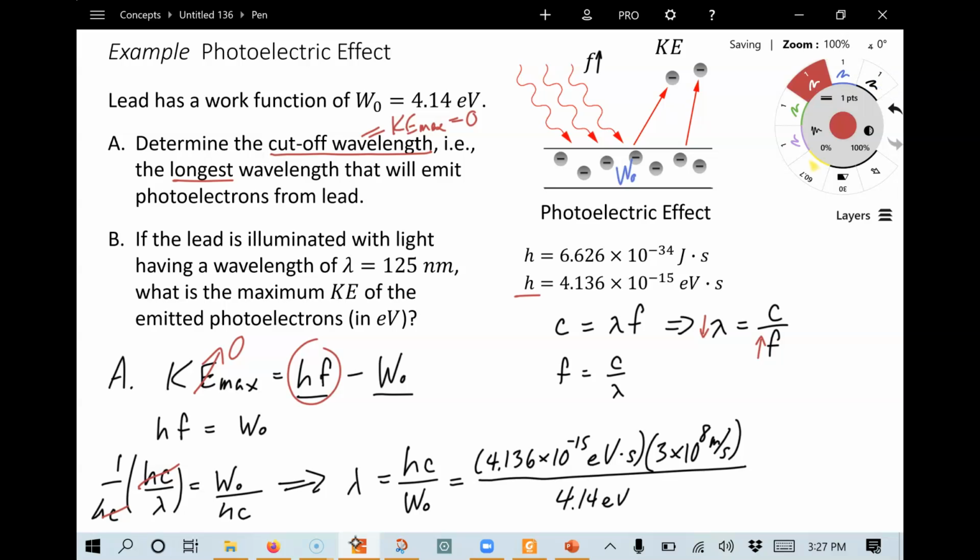We can cancel some things out here: the eV cancel, the seconds cancel. We're left with meters. Good, that's what the wavelength should be in. And when we put these numbers into the calculator, it comes out to about 300 times 10 to the minus 9th meters, or we could say 300 nanometers.